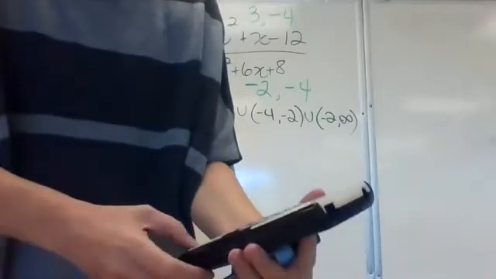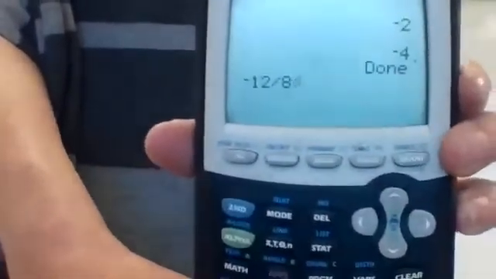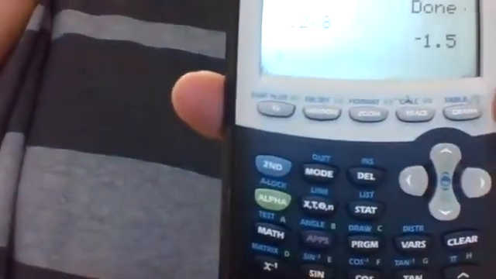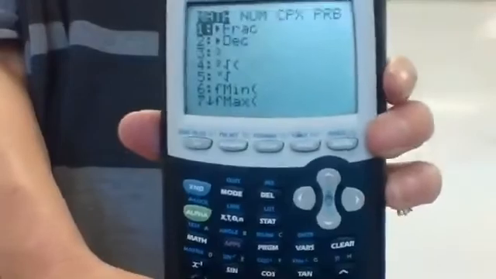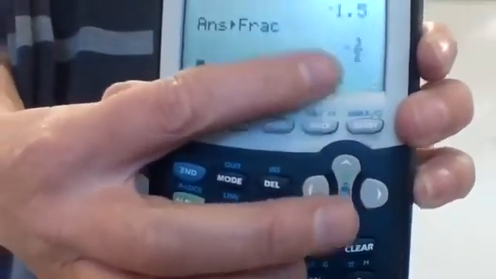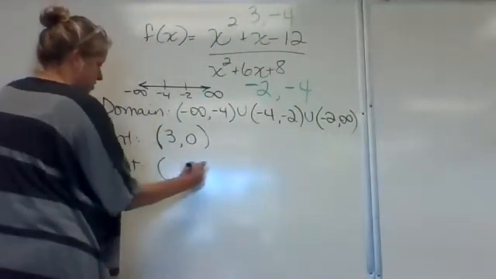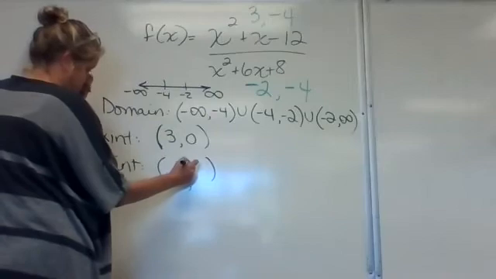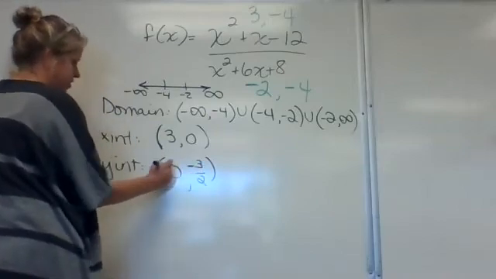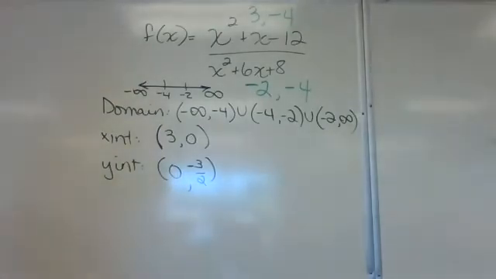I'm just going to type it in. Negative 12 over 8 in my home screen. It's going to give me a decimal. So just math, enter, that decimal. Negative 3/2. So the y-intercept, remember the negative 3/2 goes in the y spot, the zero in the x spot. So there's your y-intercept.